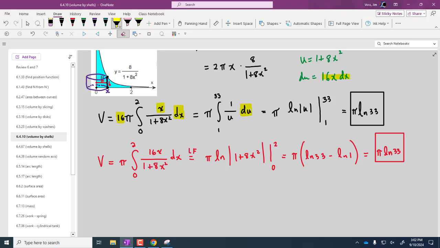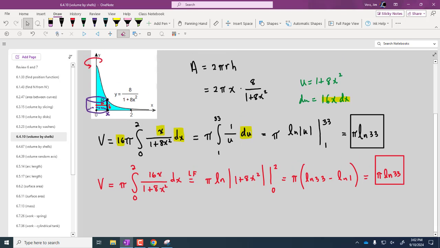You have two choices. You can just see that there's 16x dx and do that, or you could do what you're suggesting and rewrite this as x dx is du over 16, and then those 16s cancel. You can think of it either of those two ways. But yeah, we'll cancel.